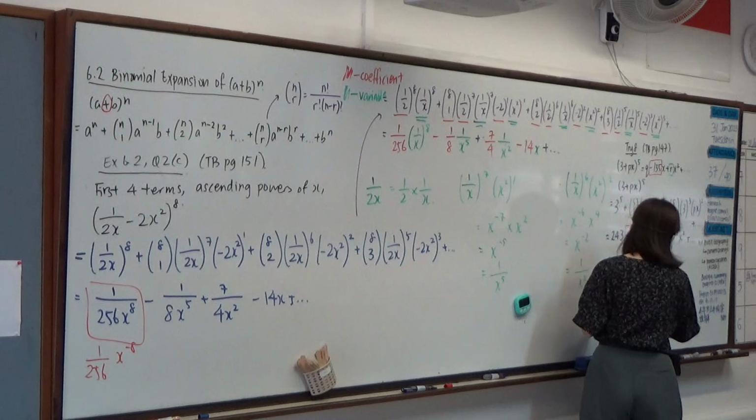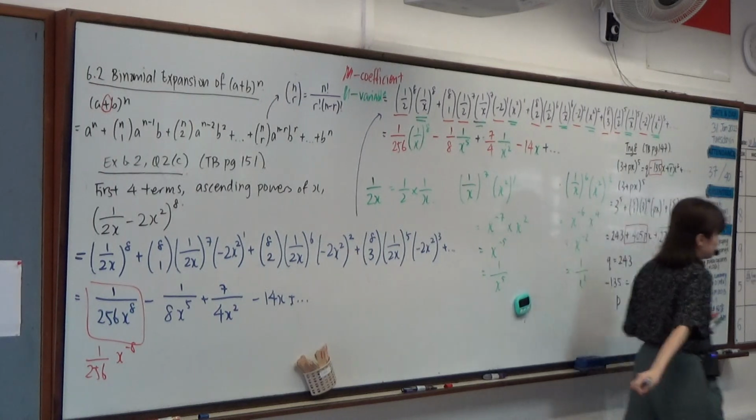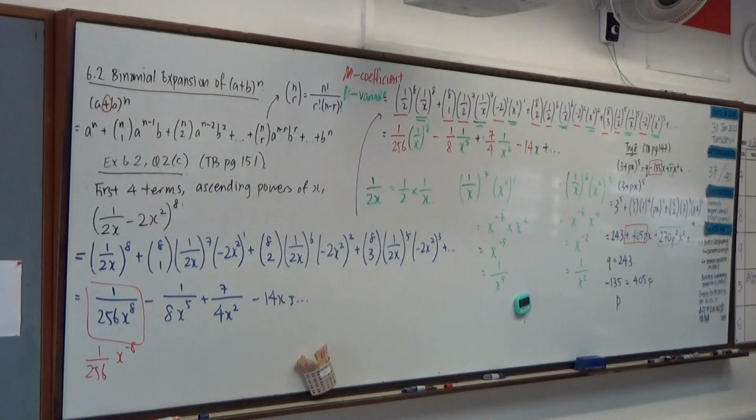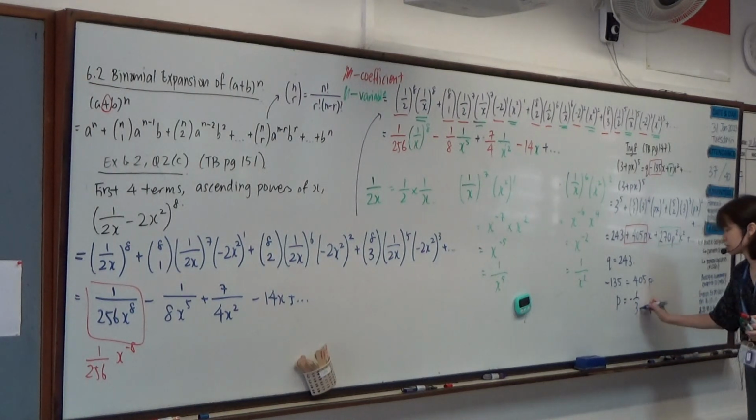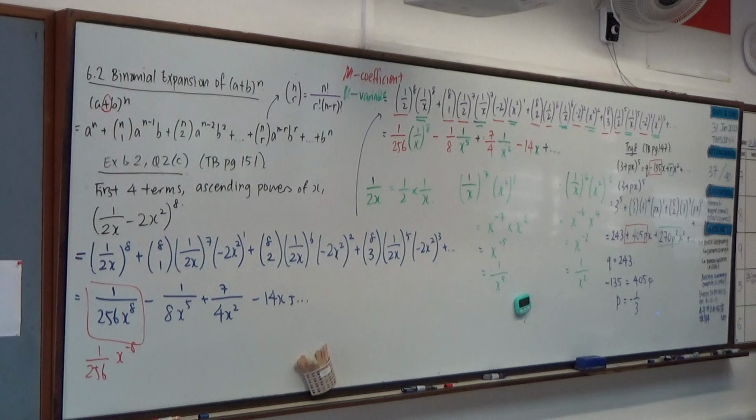Press it into your calculator: negative 135 divided by 405. We will get negative 1/3. Then now I can proceed to find out what R is. I would get 30.